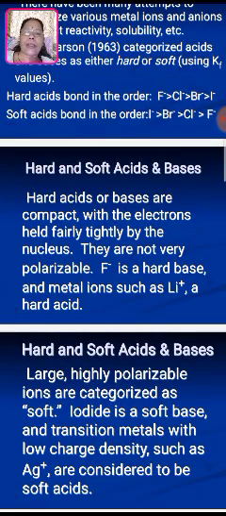Hard acids or bases are compact with the electrons held fairly tightly by the nucleus. They are not very polarizable, whereas fluorine is a hard base and metal ions such as lithium are hard acids. So there is a reaction formed between them and the bond becomes very strong.